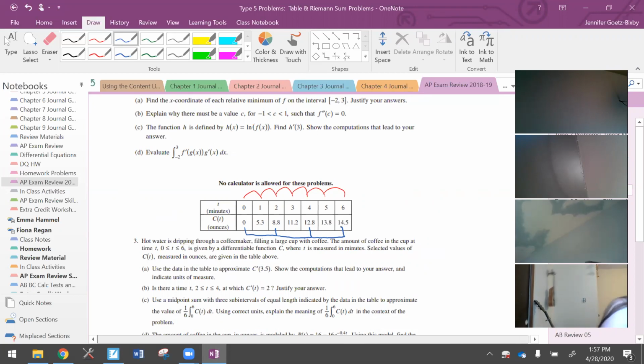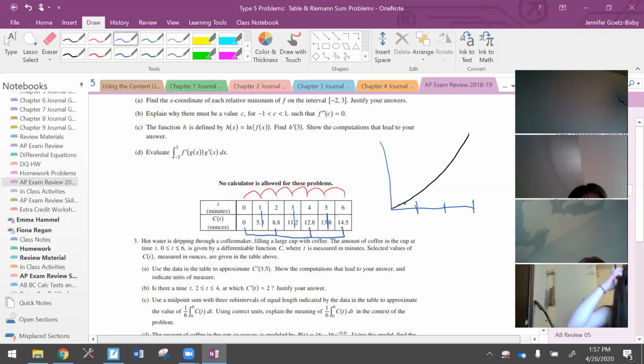And I am supposed to use midpoint, which means that when I figure out the height of my rectangle, I use the point in the middle. So if I had a function, and I'm just going to make that function a different color, and it looks something like that, I don't know, but I do know that it's increasing as t gets bigger, then I'm going to take this interval and divide it into 3 subintervals.